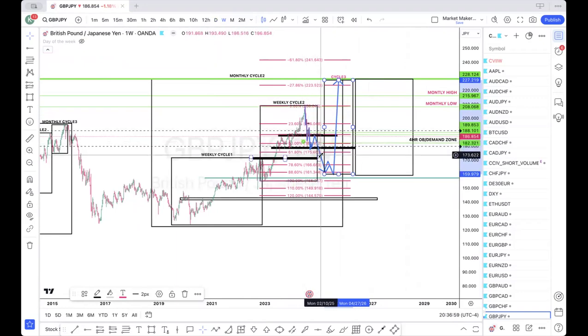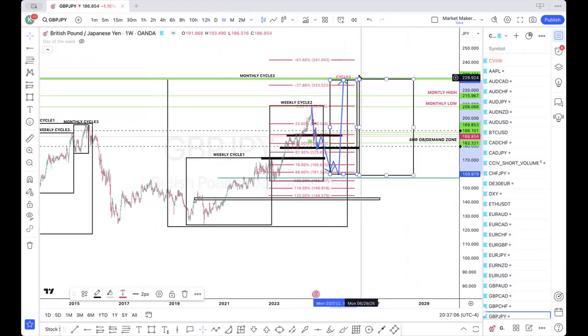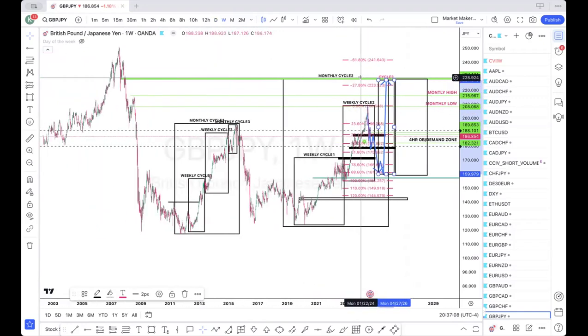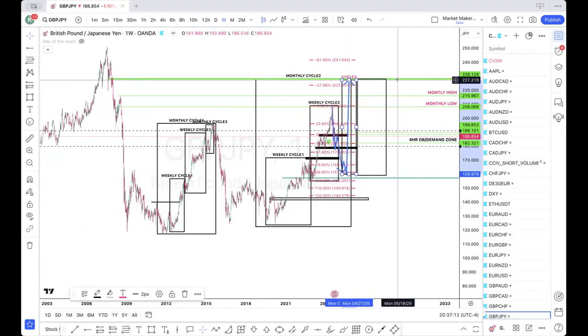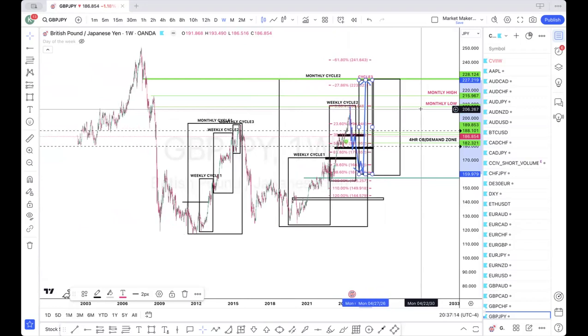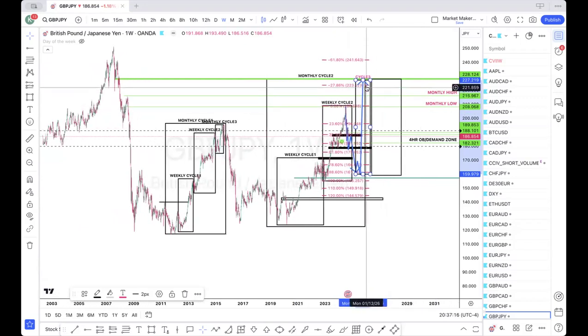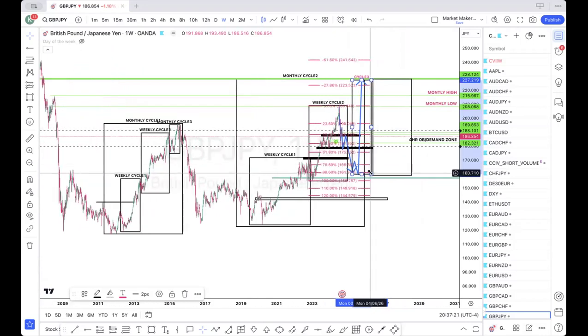Okay. And then we'll be looking for the third one. And of course, once this third cycle completes, let me move this out the way.